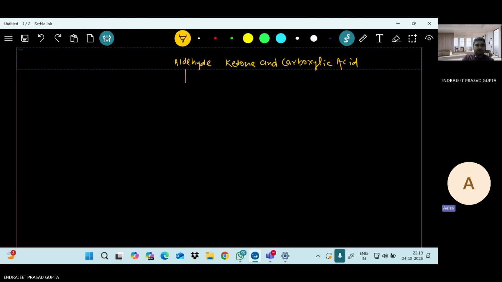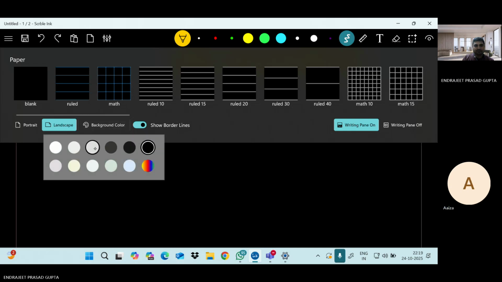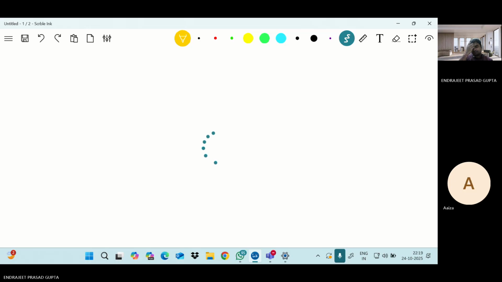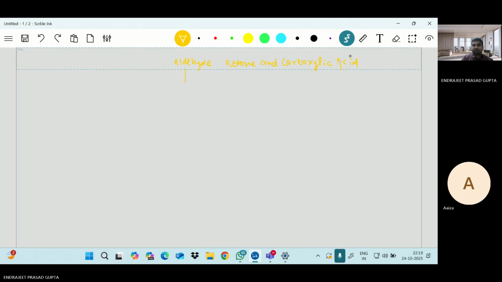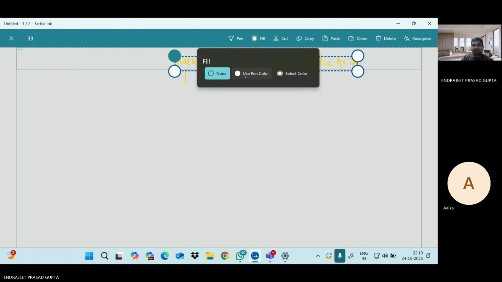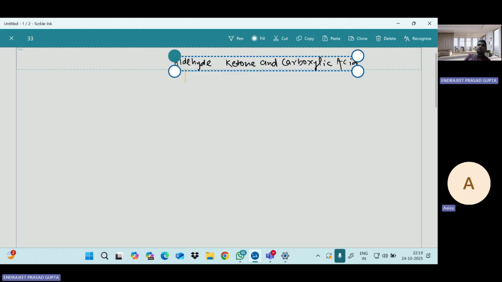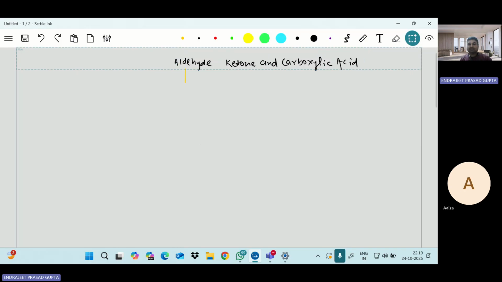Sir, I think from that layout we can change. Is it fine now? Sir, but it looks like very colorful. Yeah, I will change the color. It doesn't matter. Okay. I will change the color. So now I think black color. Yeah, now is it fine?